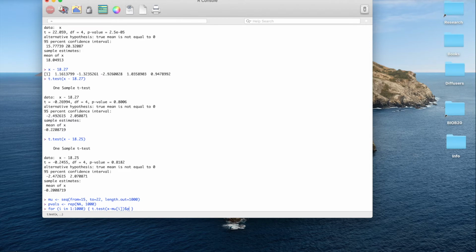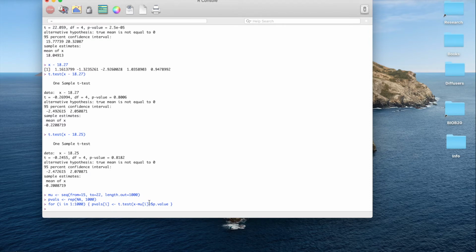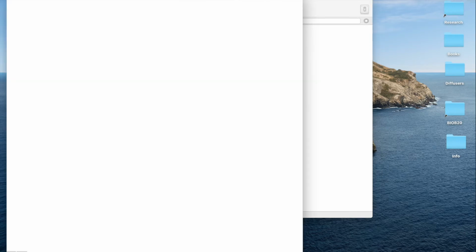We just want the result, so we say $p.value, and we store the results in the vector p-vals at position i. When we do this, we can plot the p-values as a function of the null hypothesis that we're testing. We say plot x equals mu, y equals p-vals, and we say type equals l to get a smooth line.